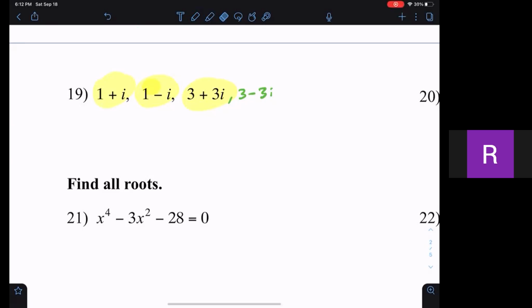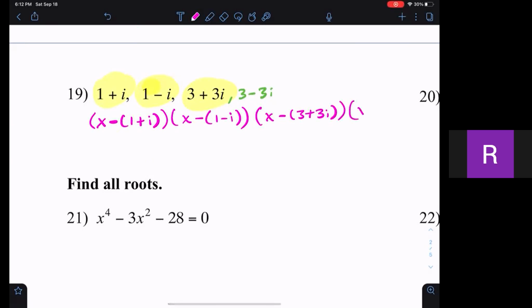So this is x minus 1 plus i, then x minus 1 minus i, then we have x minus 3 plus 3i, and then x minus 3 minus 3i. That's what we have.